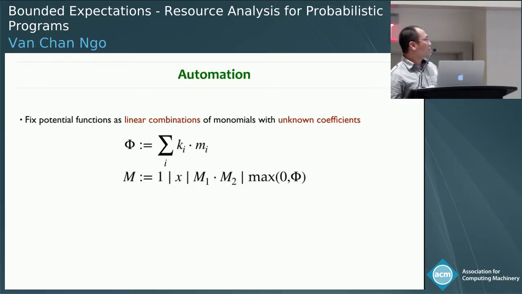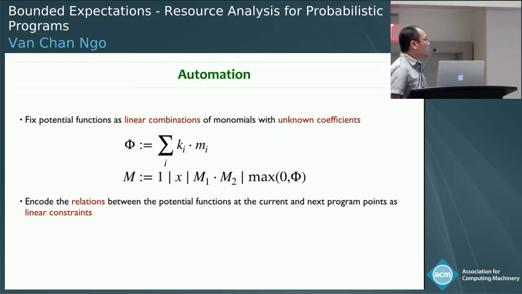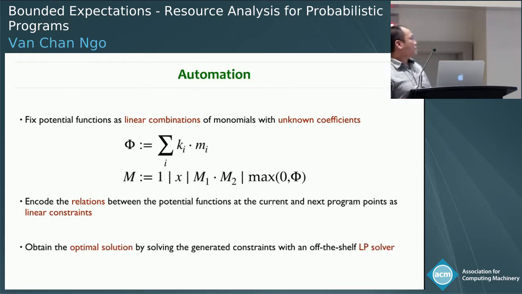And here the Ki are the unknown coefficients, which we try to find. Second, we encode the potential generation at the current and the next program point as linear constraints. And finally, we obtain the optimal, that is the minimized, solution by solving the generated constraints with an off-the-shelf LP solver.